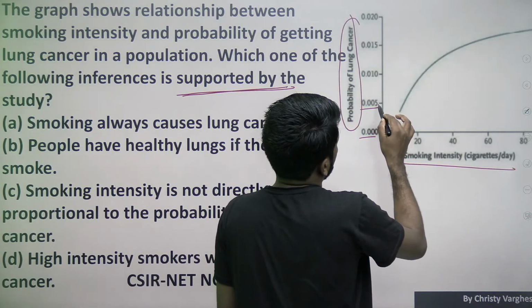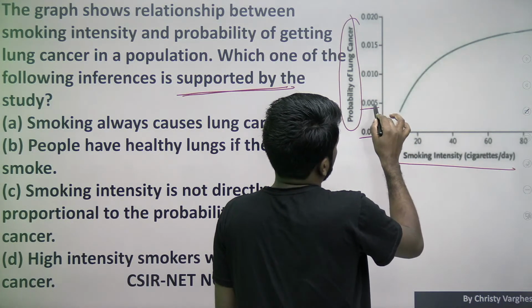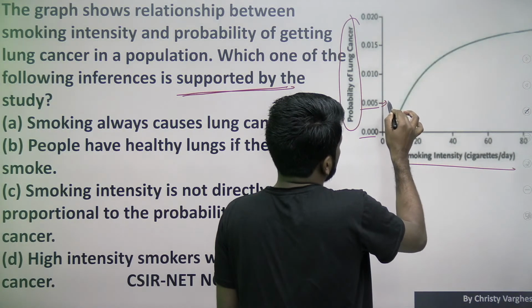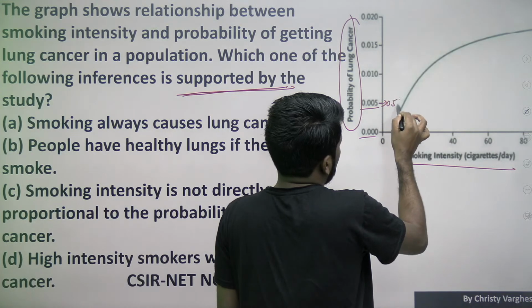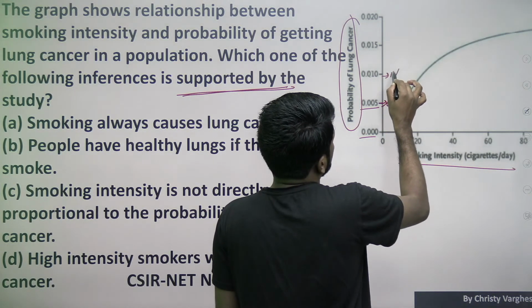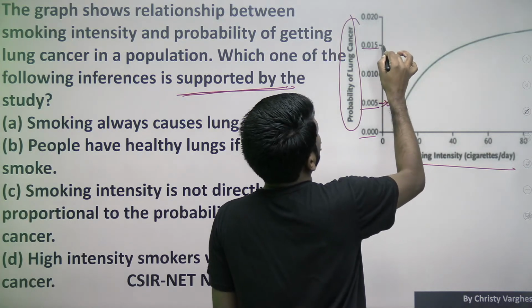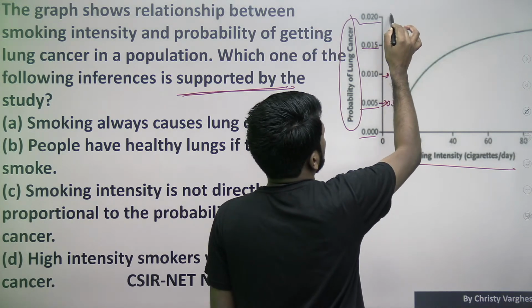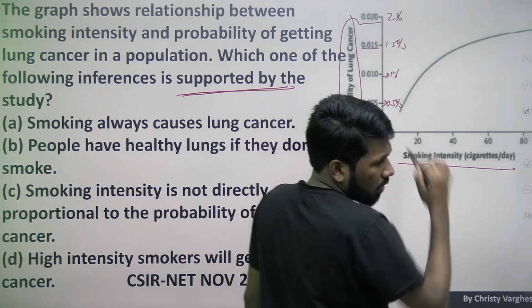This is 0.5%, half percentage. This is 0.01, that is 1%. This is 0.015 means 1.5%. And this is 0.020, that is 2%. Did you all understand?